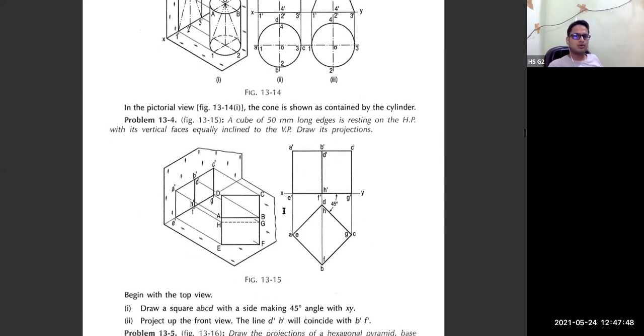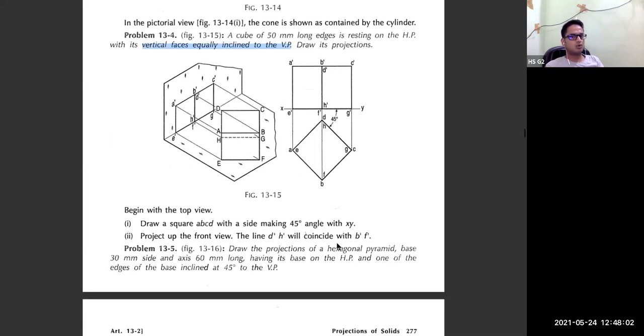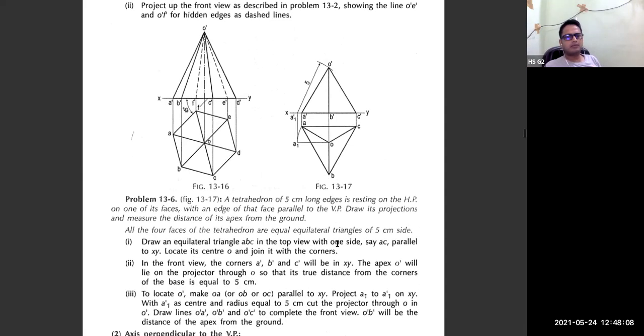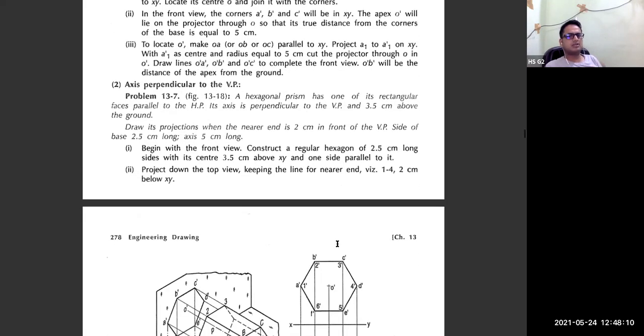This is your prism. Okay, here your prism is there, whose sides are equally inclined to your VP. So you can say the vertical faces are equally inclined to your vertical plane. So in that situation, how to draw the projections. So likewise here you will get so many solved examples with step-by-step explanation of how to draw.